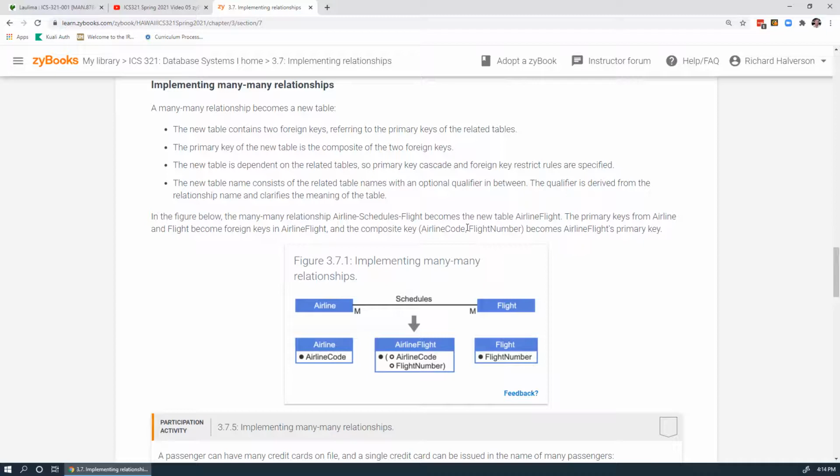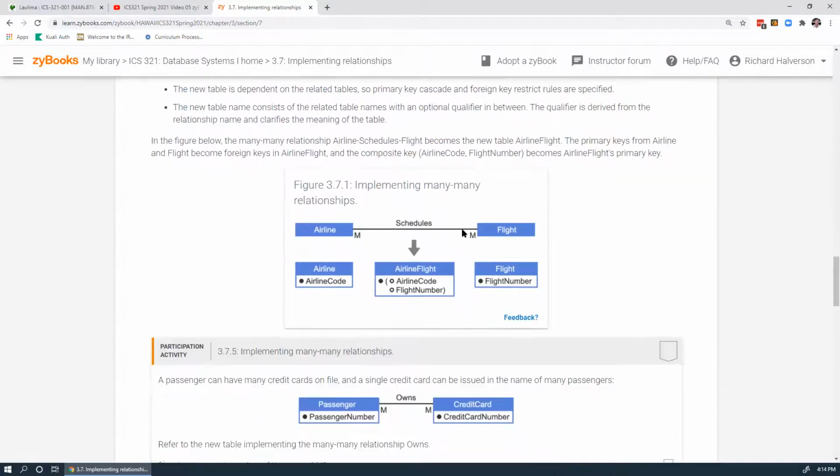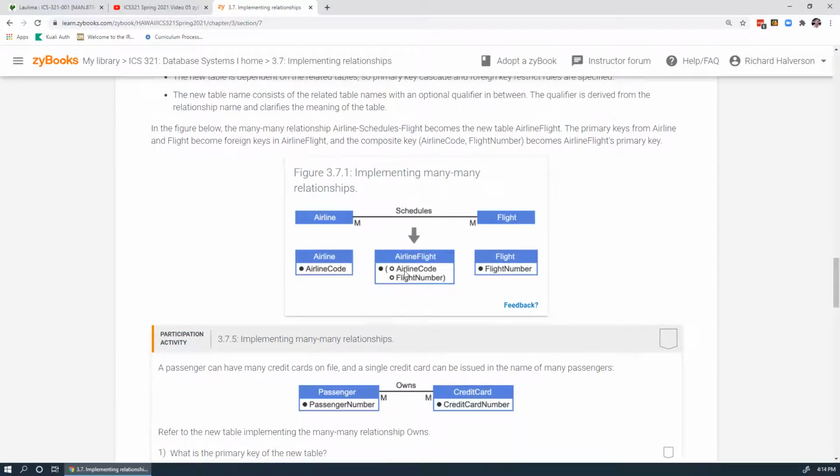In the supplier parts, it's shipments. And so you have this second table where the primary key is a composite of the two foreign keys that are the primary keys of the supplier table and of the parts table.